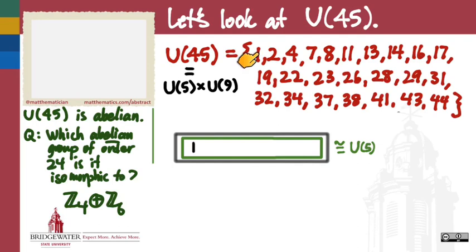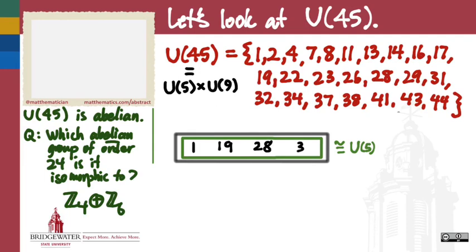Starting with 1, I'm going to count up by 9s and take every element that I find in U45 by skip counting by 9s. From 1, I would go 1 plus 9, which is 10, but that's not an element. So I'll do 10 plus 9, that's 19. Okay, great, I've got 19. If I add 9 again, I get 28, and that belongs in my group, so it becomes an element in this subgroup. 28 plus 9 gives me 37.